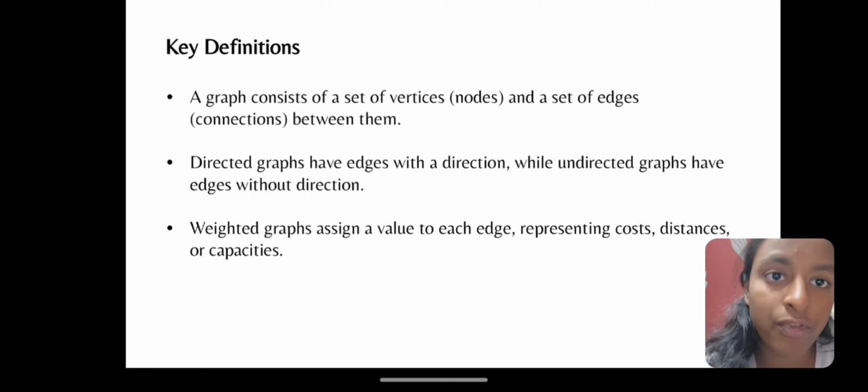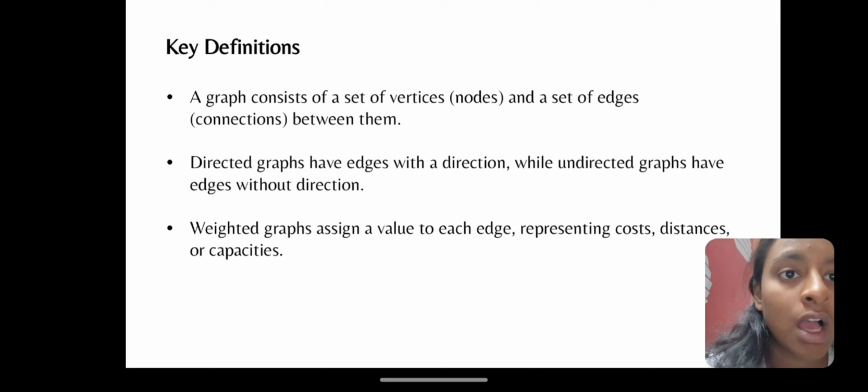So if we have to know what incidence and adjacency matrices are, here are a few definitions that we have to know before learning them. A graph consists of a set of vertices and edges between them. Vertices are also called nodes, and edges are also called connections, as they connect two nodes or vertices.